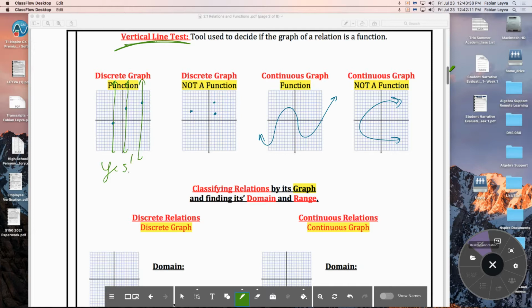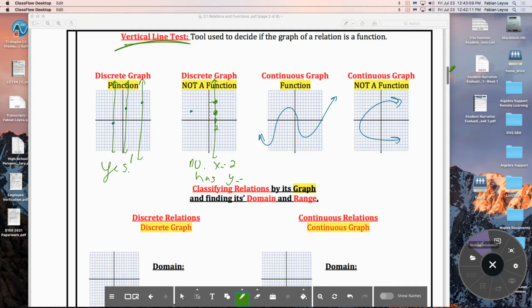Now, if you're able to draw a vertical line and it crosses the graph more than once, then it is not a function. Why is that true? Because when you draw a vertical line, you're really testing to see if there are multiple y values for that x value. This x value here is a 2. It is going to have two y values, and it's going to be those intersection points.